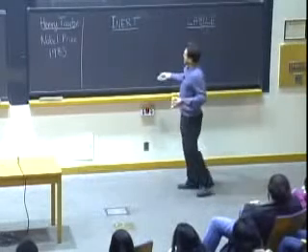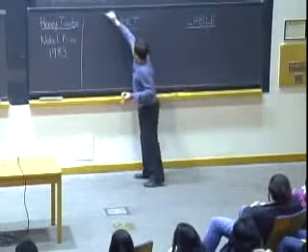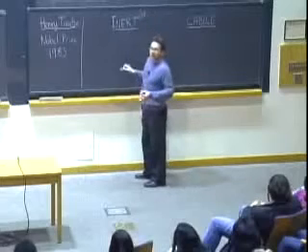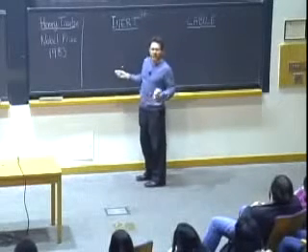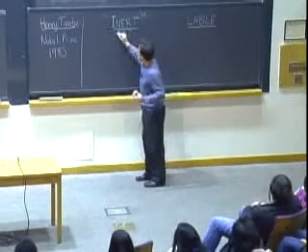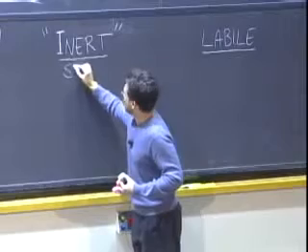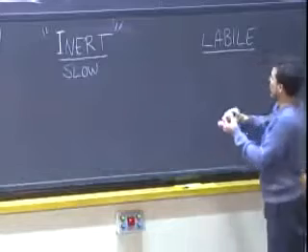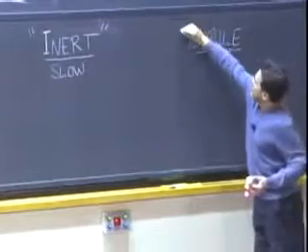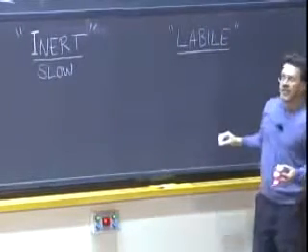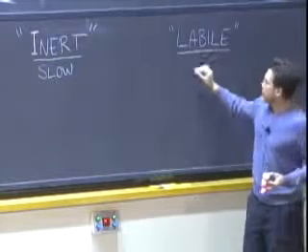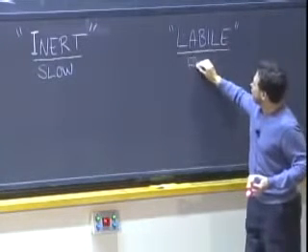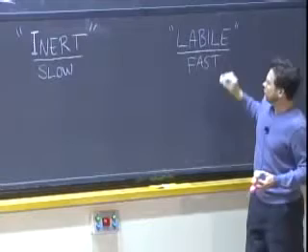So if a complex is to be thought of as quote-unquote inert, it isn't really inert. What that means is that its substitution reactions are slow. And on the other hand, if a system is to be referred to as labile, that means that its ligand substitution reactions are fast.